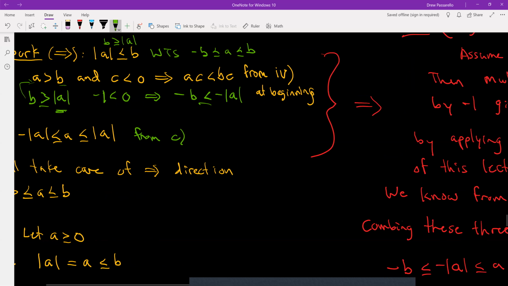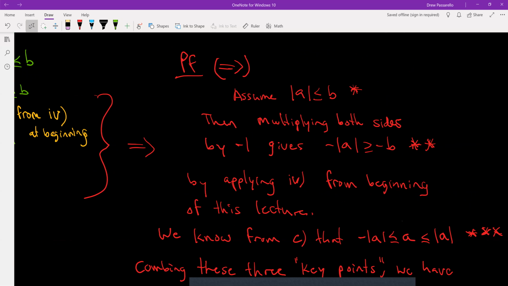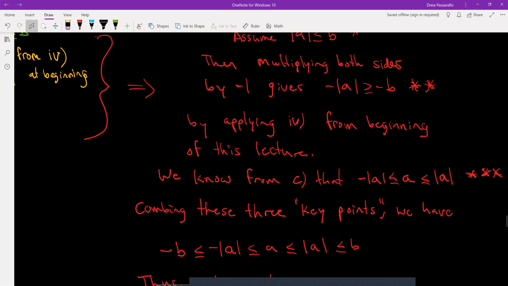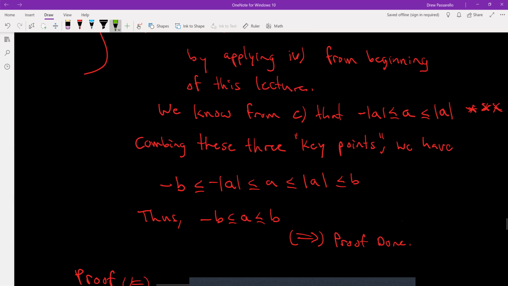So for the proof, again, we assume the absolute value of A is less than or equal to B. We're wishing to show that negative B is less than or equal to A, which is less than or equal to B. All right, that's what we're trying to show.